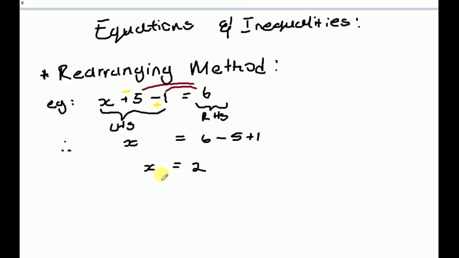So this is what you had to get familiar with, the rearranging method.